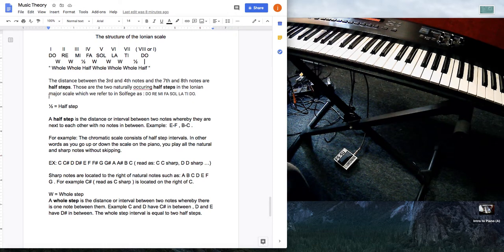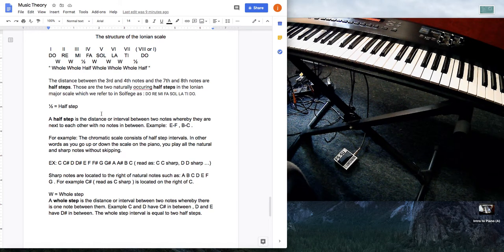Okay, so here the distance between the third and fourth notes and the seventh and eighth notes are half steps. Those are the two naturally occurring half steps in the Ionian major scale, which we refer to in solfege as do, re, mi, fa, sol, la, ti, do.